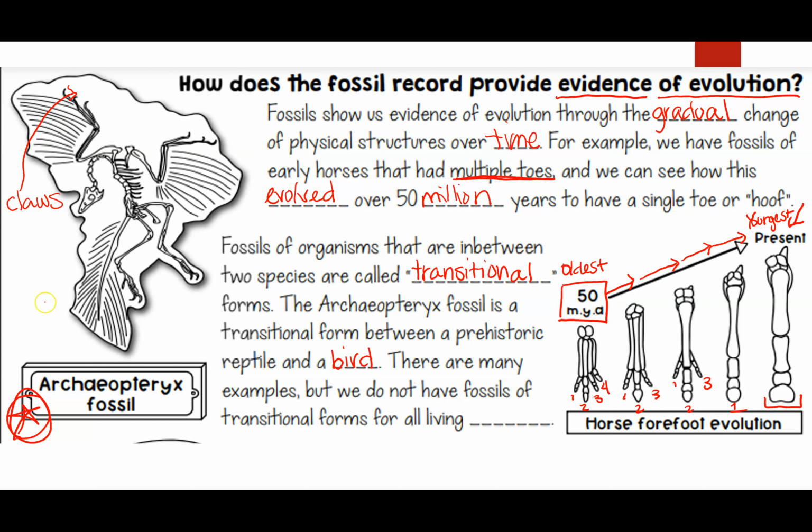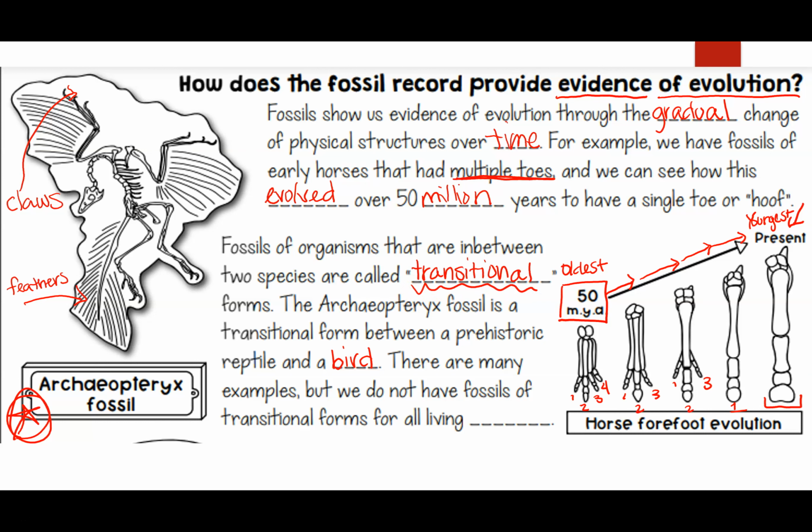And then we have feathers right here. The claws are more reptile-like, and the feathers, so birds don't necessarily have claws like this, and the feathers are more bird-like. The reptiles, true reptiles, don't necessarily have feathers like this. So that's why this is noted as transitional.